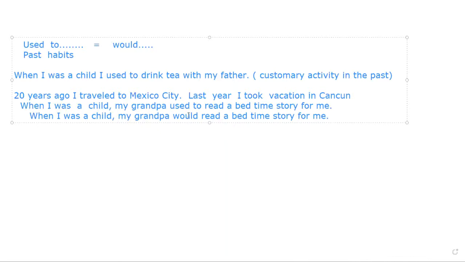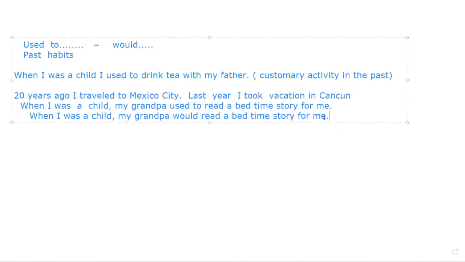Okay, in that case, it's preferable that I use would, because my grandpa is alive and I still may have the chance for that action to happen again. Now, if my grandpa is dead, if there is no way that action can take place again, in that case, I can say, when I was a child, my grandpa used to read a bedtime story for me. So what is the difference?